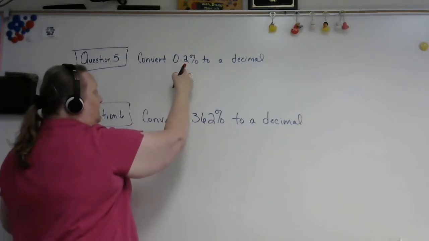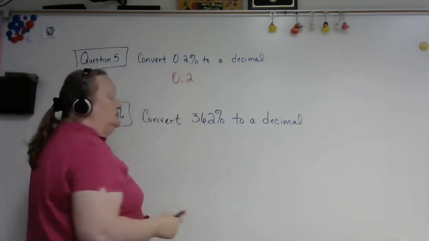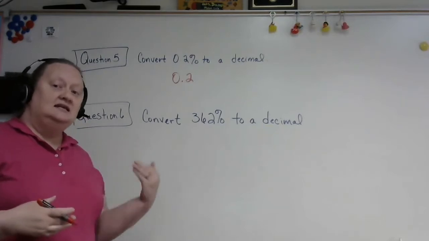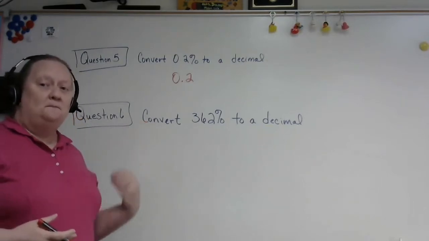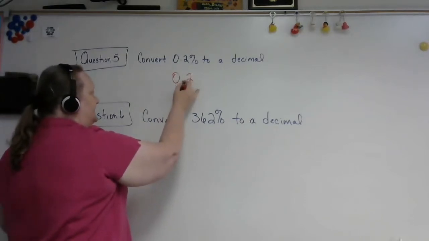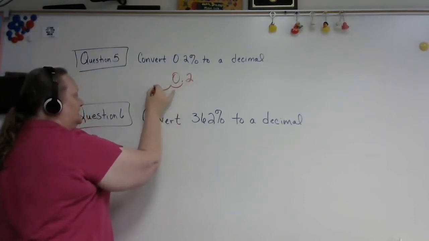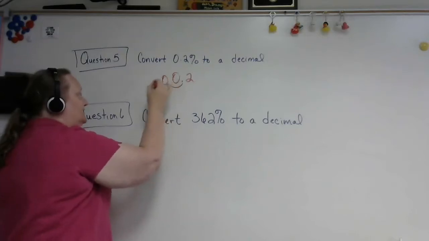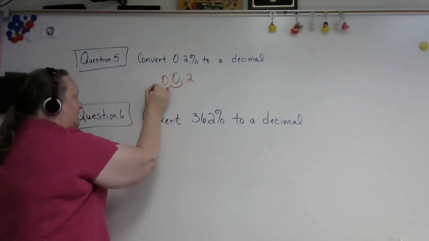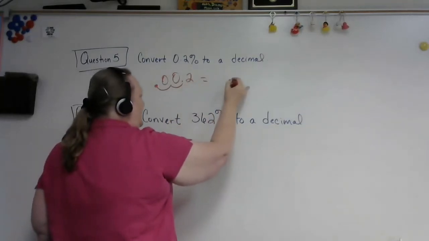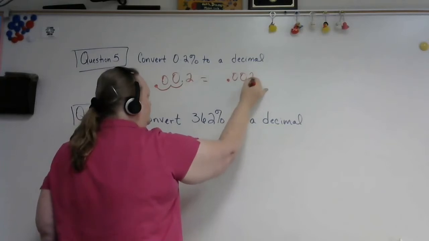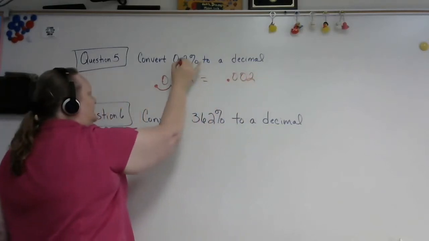And because we're converting that percent to a decimal, that means we move the decimal back 2 places to the left. So the decimal is here and we need to move it 2 places. Notice that does mean we need to add a 0. And because we've added the 0, that gives us 0.002.